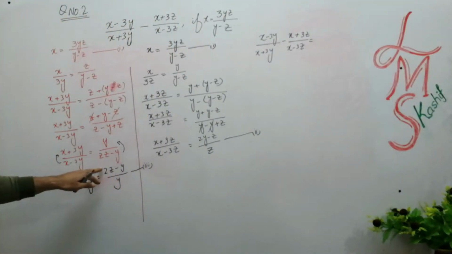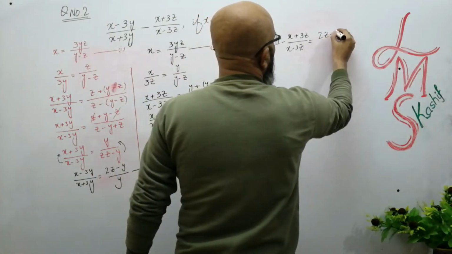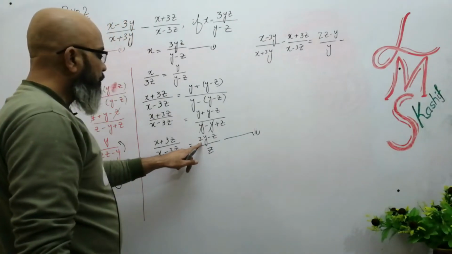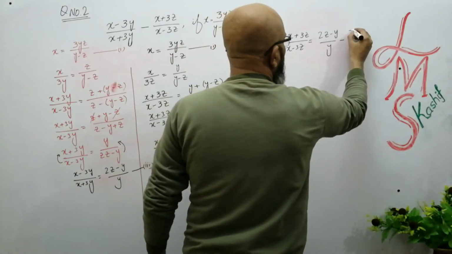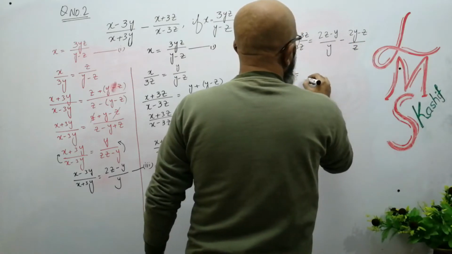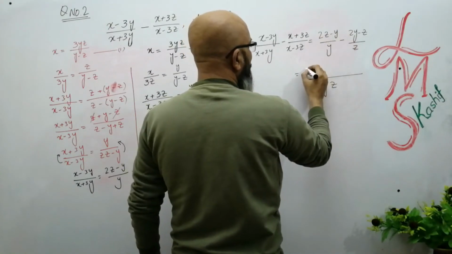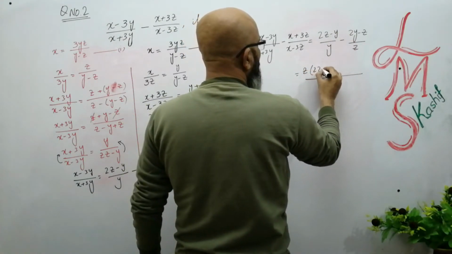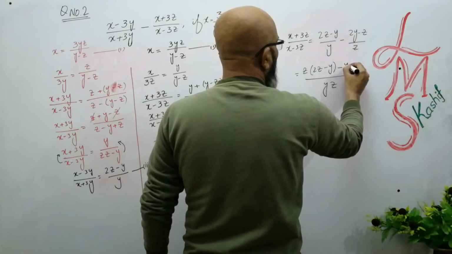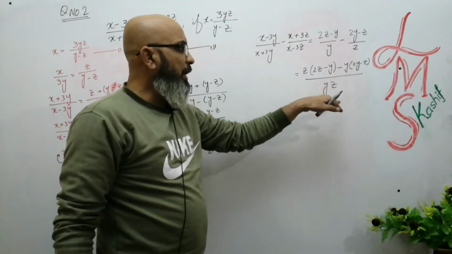Now what is here? (2z - y)/y, and there is a subtraction sign, (2y - z)/z. So what will be the LCM? Your LCM is yz. This whole value will multiply with z, that is 2z - y, and this whole will multiply with y, 2y - z. So now open the brackets and solve.